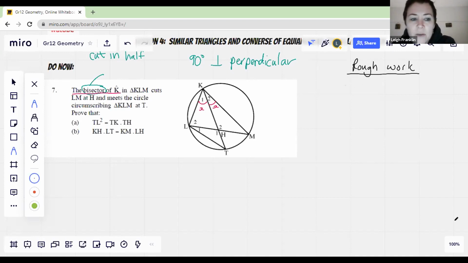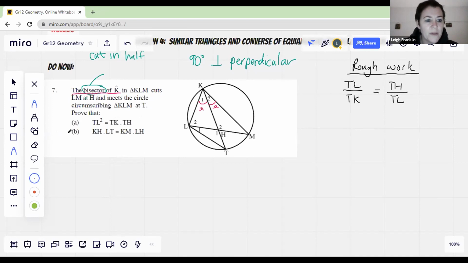Now, the only way that we can get TL times TL is if we've got a TL at the top of one proportion and a TL at the bottom of another proportion, so that when we cross multiply, we get that TL squared. Then the TK and TH on the other side has to come from TK being the denominator in one proportion and the TH being the numerator in the other proportion.